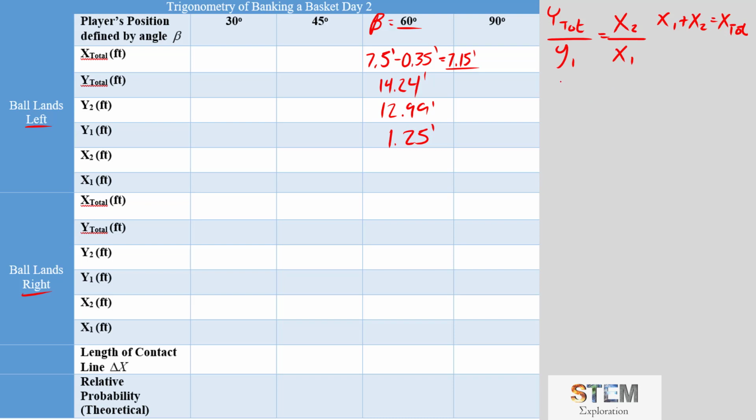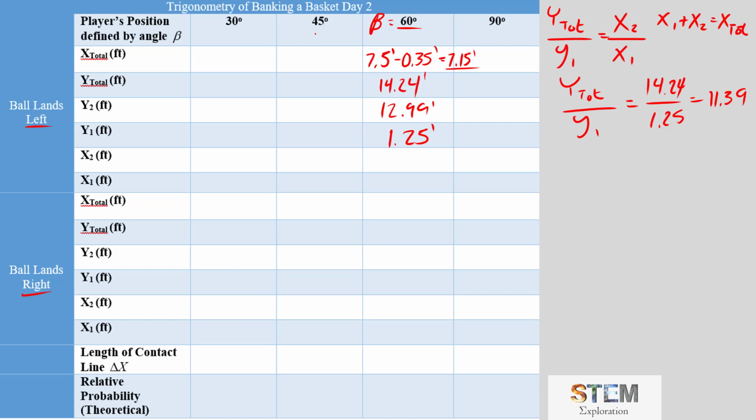What you should know is that Y total over Y1 equals 14.24 over 1.25. Now, please keep in mind that this will only be true for an angular position of 60 degrees. It will change as you go to 45 and 30.